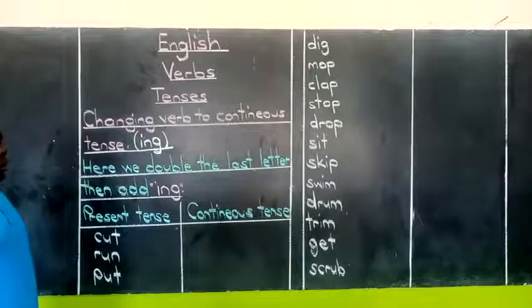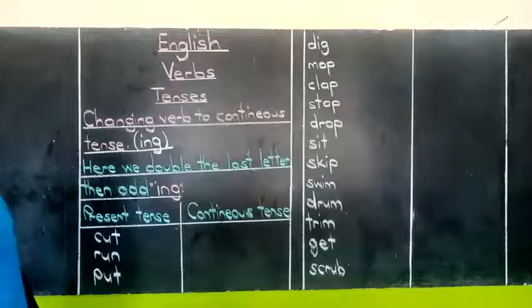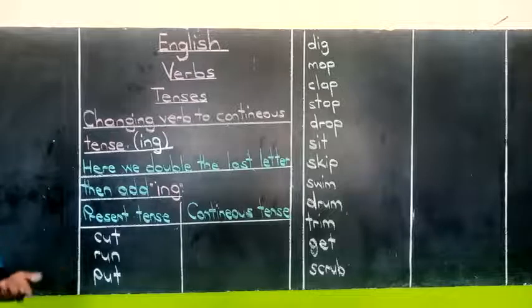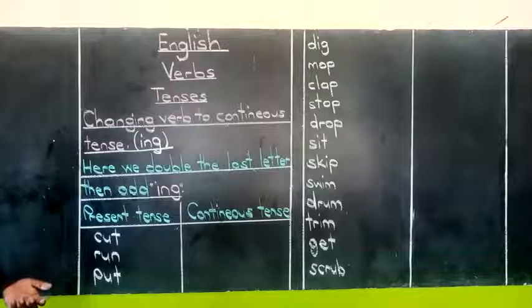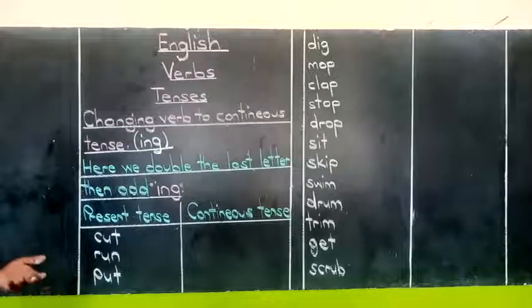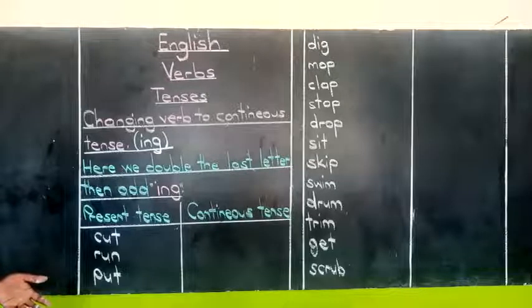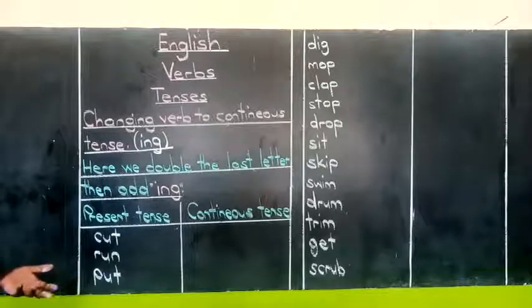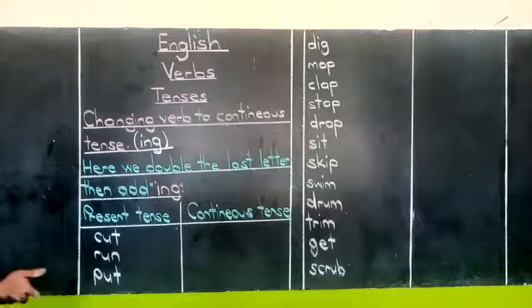What else? We have swim, we have kidnap, we have drop, we have spit, we have choke, we have hope, we have scan, we have top, need, hit, forget, forbid, fit, set, shut, win, and so many others.